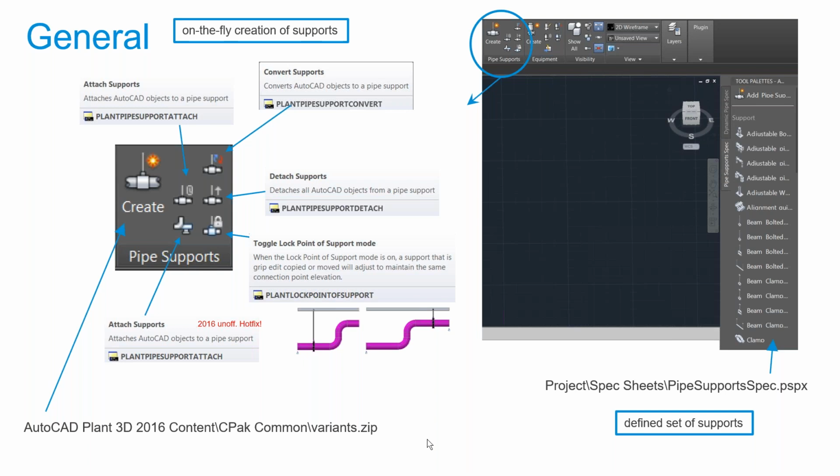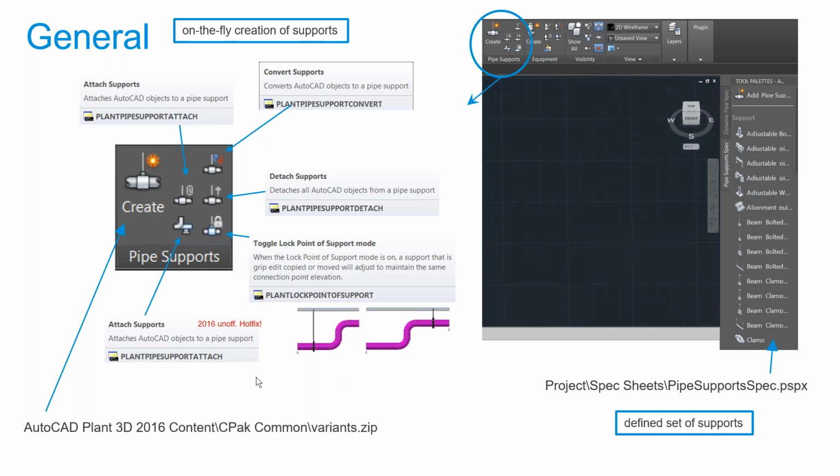The toggle lock point of support mode, this is basically if you turn this on, then as you go through copying supports, like for example, a hanger, it will maintain the elevation that you set as you copy this down the line. So just a nice feature to keep from having to readjust each one of those if you've got that on.